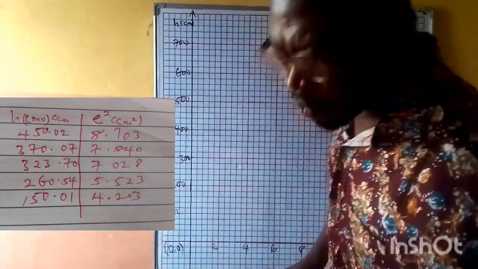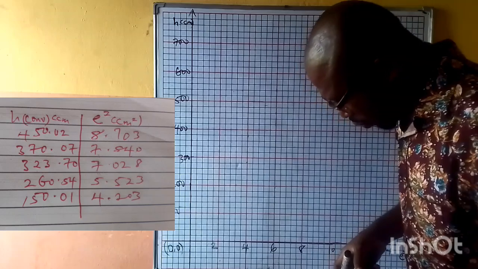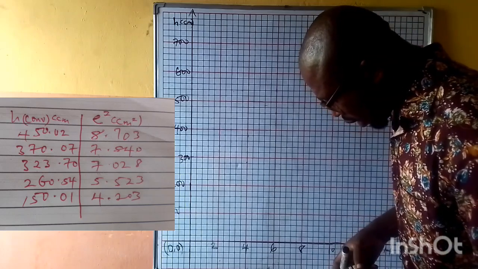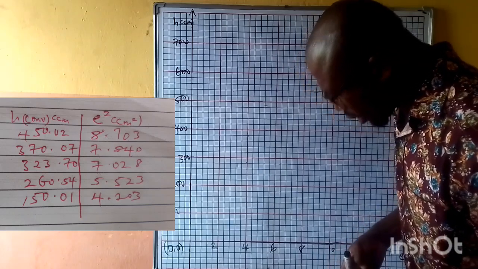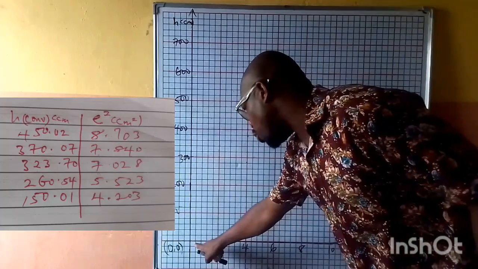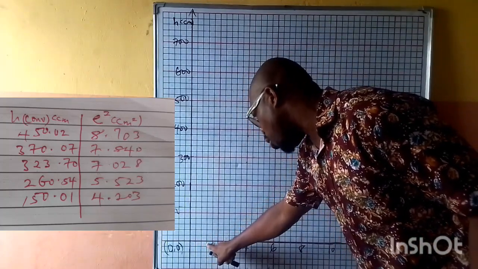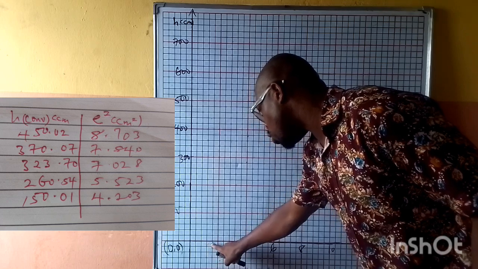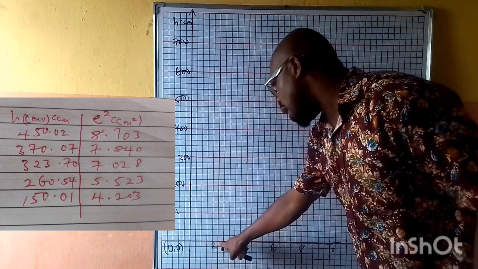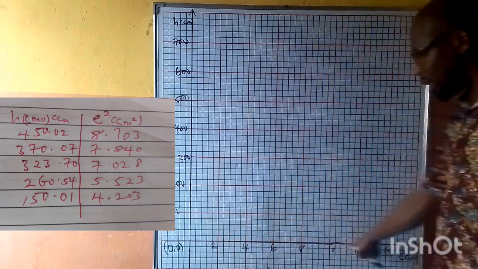So if we divide 2 by 5, we'll get 0.4. Yes, we have 0.4 here, 0.8, 1.2, 1.6, and then 2. So that is what it means down here.